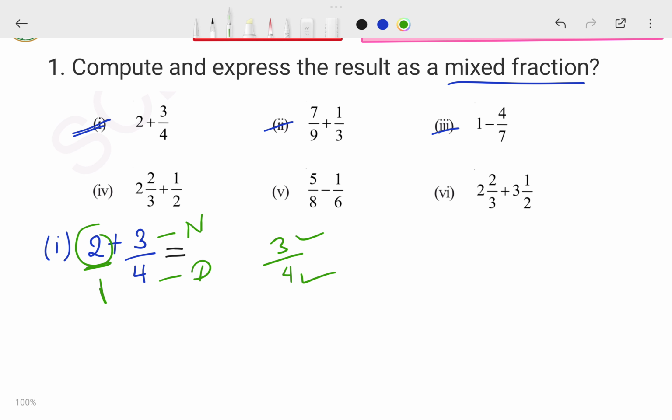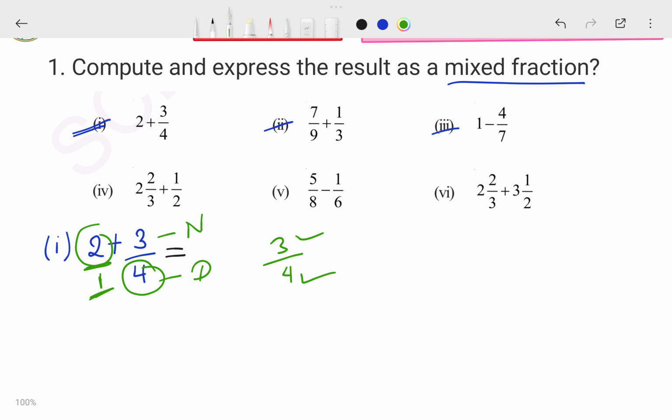Whenever you see no denominator, it means the denominator is always 1. If you write it or if you don't write it, 1 is always there. It is a rule of mathematics.